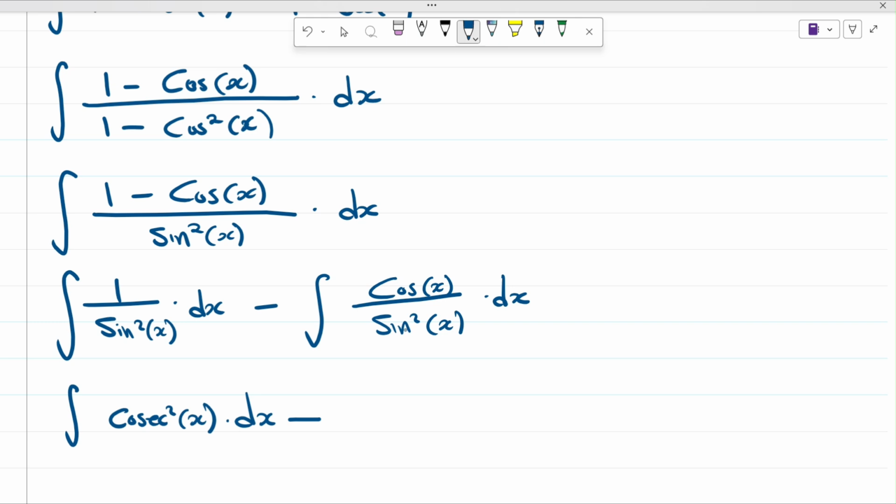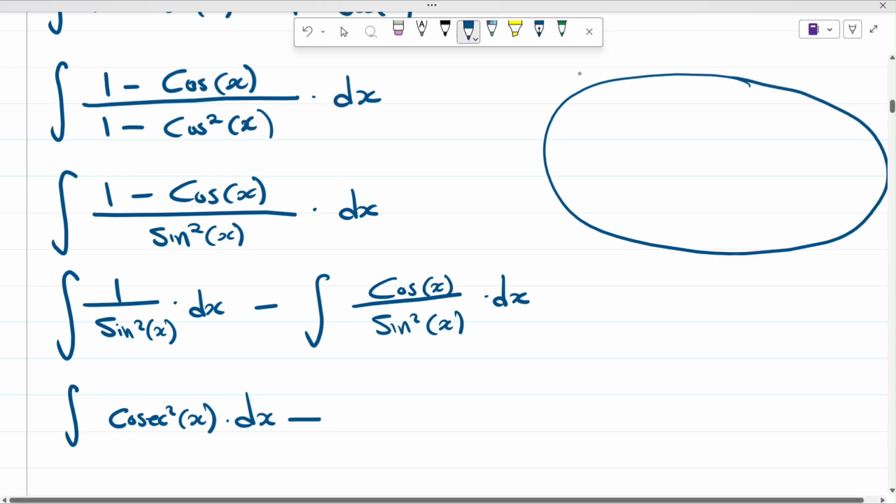We have two sines here, meaning that they split this sine squared into two sines. So at the end of the day, that will make 1 over sine multiplied by cos over sine, and then we change it into... okay, let me just write here on the side.